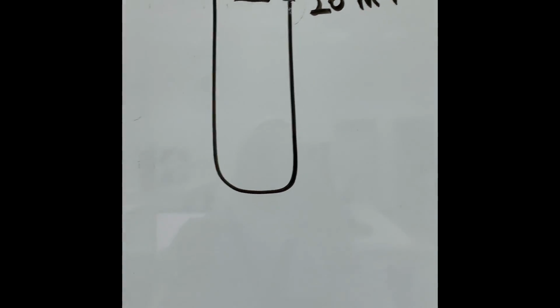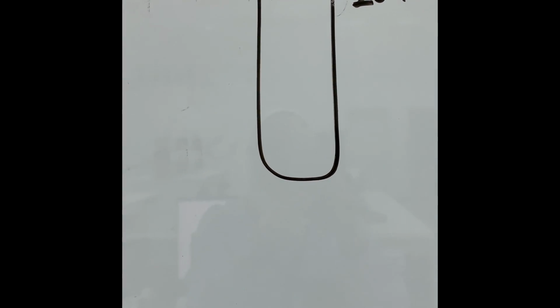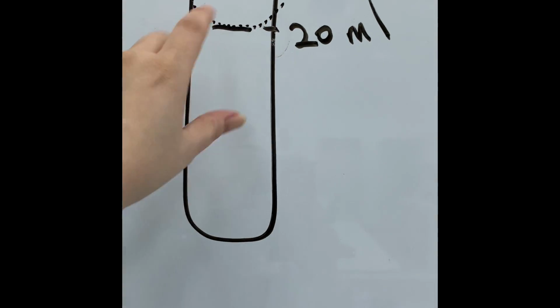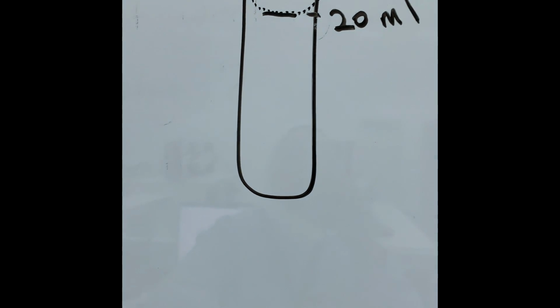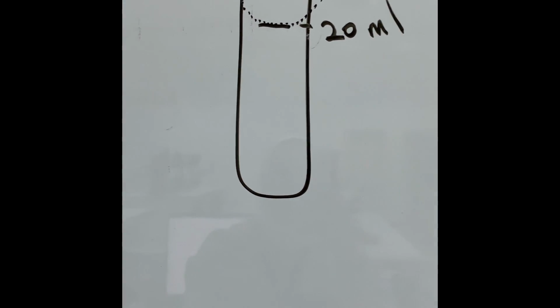Okay, it looks like a contact lens when you put it on your finger. This is the meniscus I'm aiming for. I will show it to you on the glassware, don't worry, but this is what I need you to focus on.